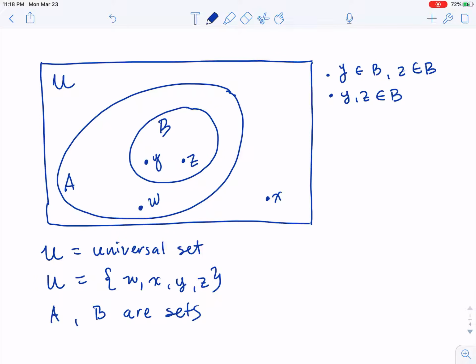What else? Alam natin yung W ay element siya ng A, di ba? W, nasa loob siya ng A. By the way, madalas pala ang sets, no? Sabi ko sa inyo, yung universal set ay rectangle siya. Yung ibang sets, pwede siyang ganitong shape, pwede ring bilog, no?